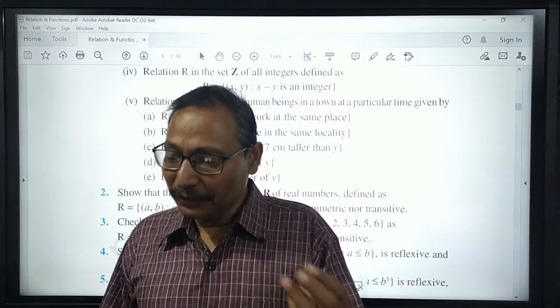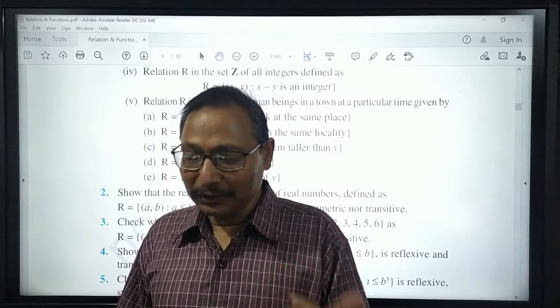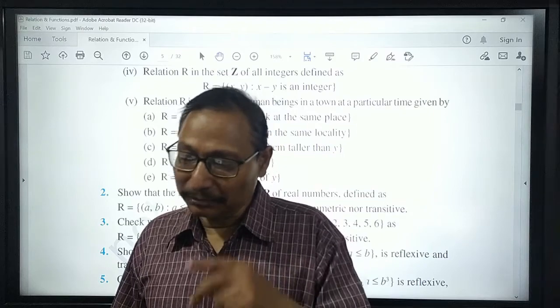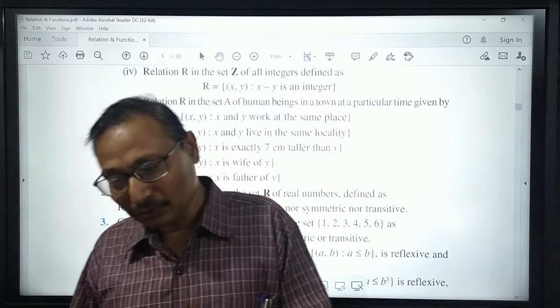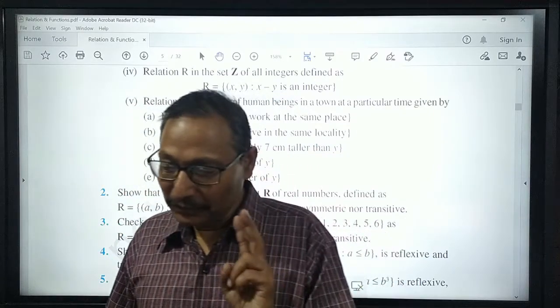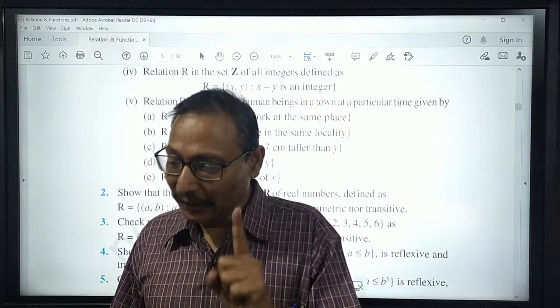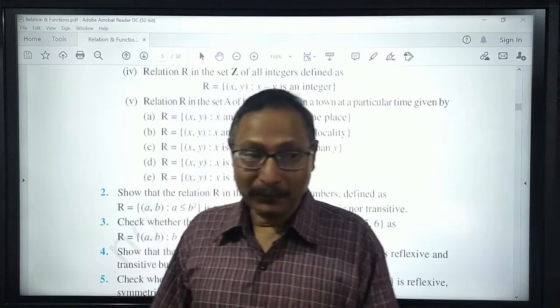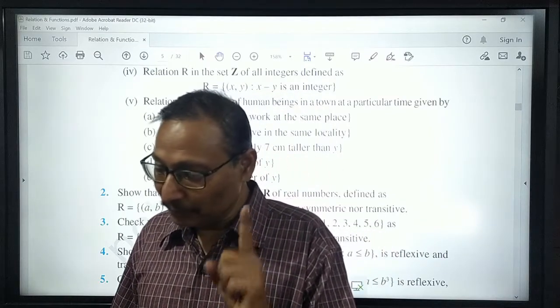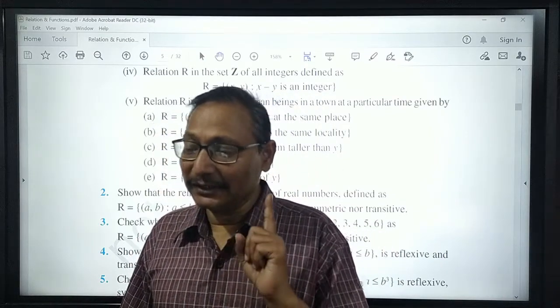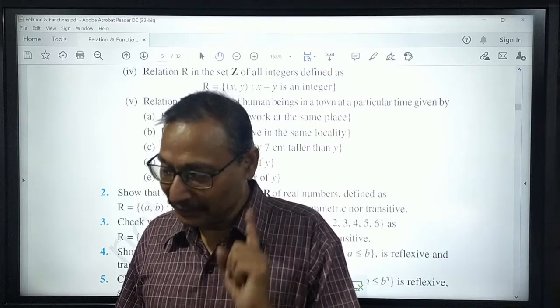That means if a comma b is taken from the given relation, then you are to show that b comma a belongs to the given relation. If that element is not present there, we will say that there is a lack of information, so it is symmetric.